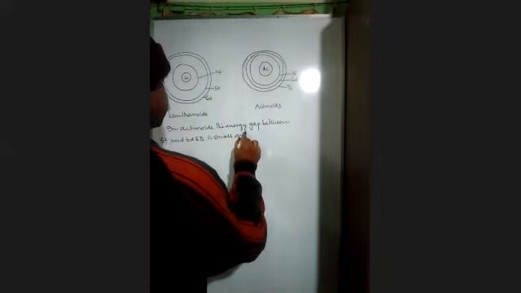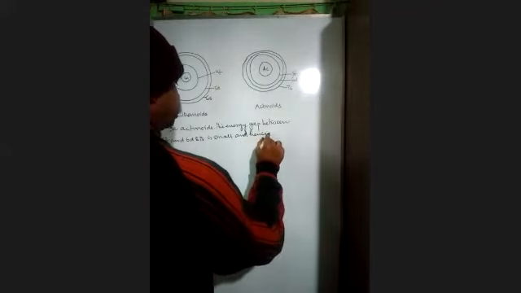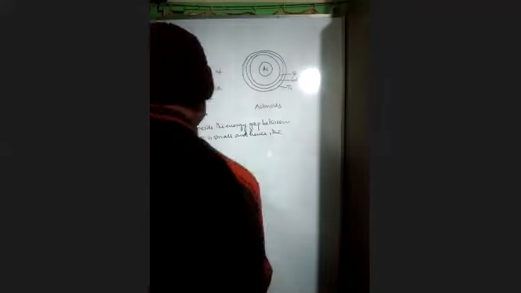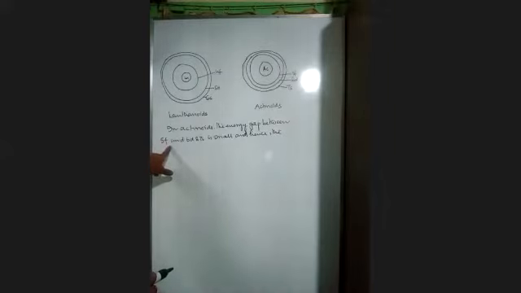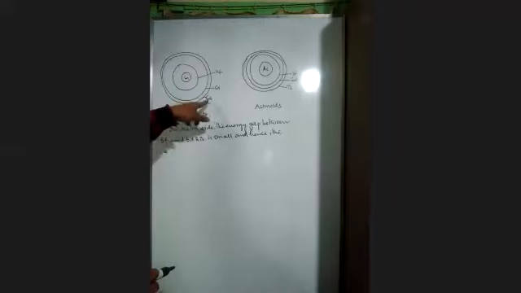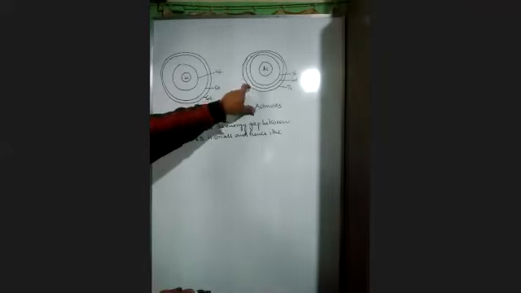See this 5f, see 6d and 7s, they are very close. Here also 6s and 5d are very close. So I wanted to mean the gap between this and these two.